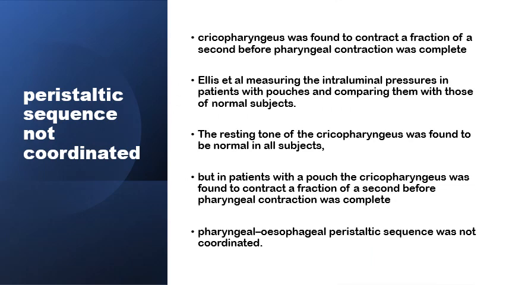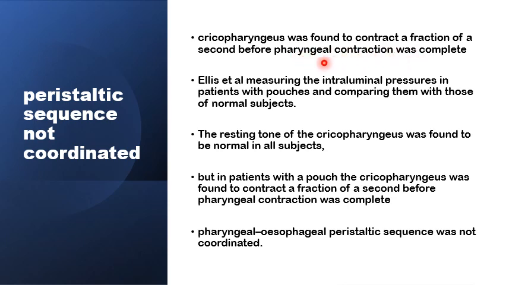The third theory is that of impaired coordination between the pharyngeal muscles during deglutition. It was found that the Cricopharyngeus would contract a fraction of a second before the end of the pharyngeal contraction.